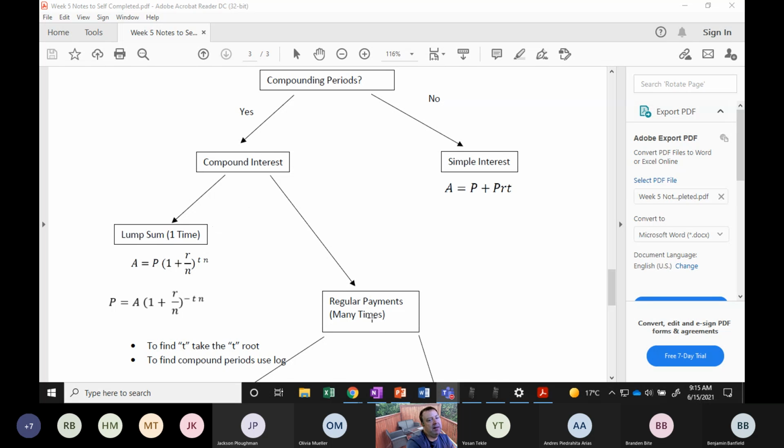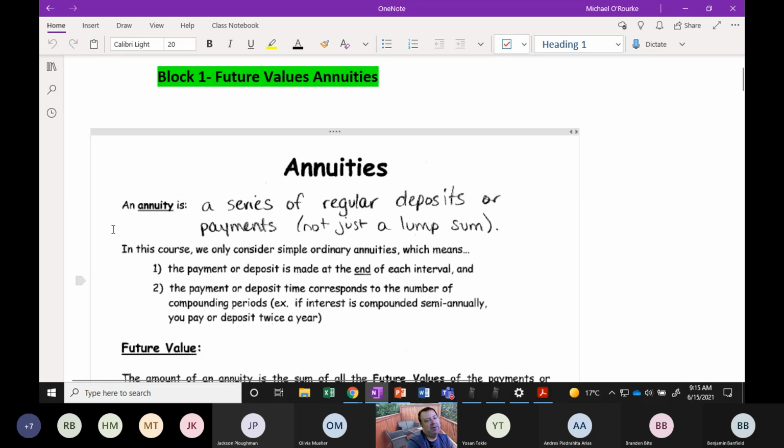What we're dealing with today is a regular payment or annuity. If you ever hear annuity, it just means a series of regular deposits and payments. So a bank loan, a car loan would be an annuity because you pay a certain amount every month or a certain amount every so often. Okay. Investments sometimes are annuities. If I deposit $100 every month, what else is an annuity?